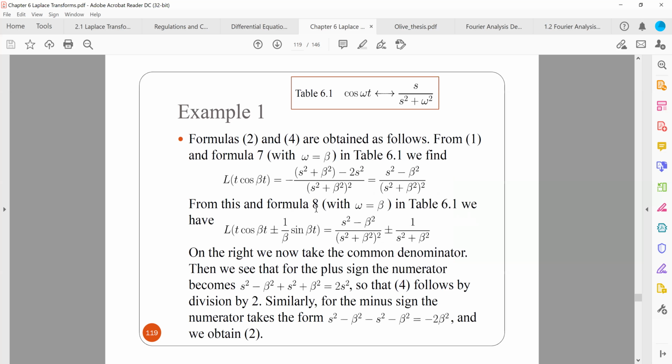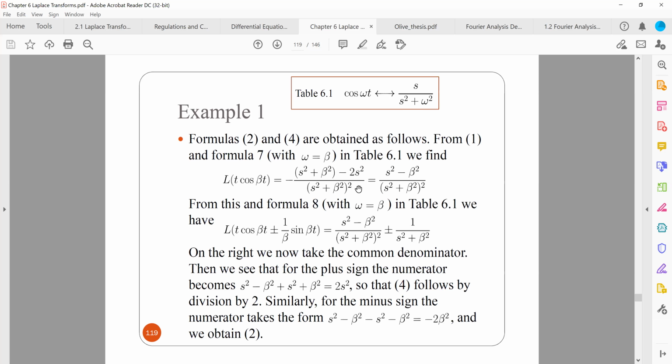We know the Laplace transform of cos omega t; we replace omega with beta, so it's s over s squared plus beta squared. Then we differentiate that using the same formula from the previous slide. Our u will be s and our v will be s squared plus beta squared.